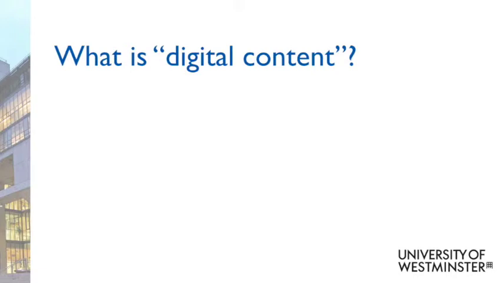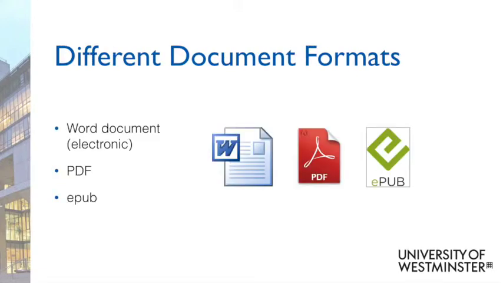The first kind of digital document to consider is a Word document, as in Microsoft Word, but could equally be a Google Word document or an open source Word document. The key thing is it is electronic. A second variation of a digital document is a PDF, which stands for Portable Document Format.